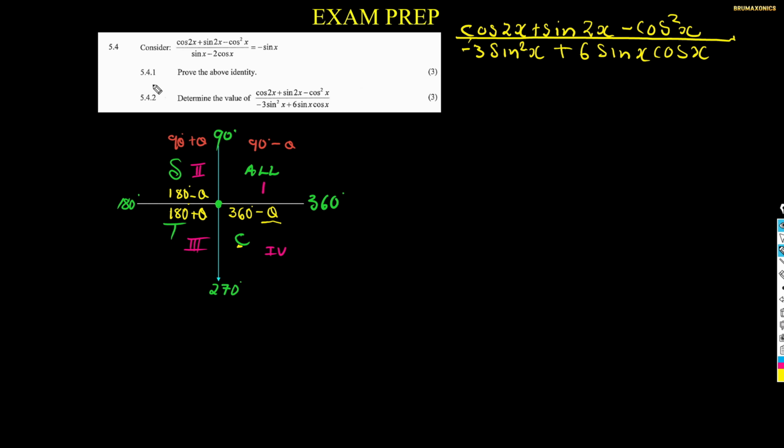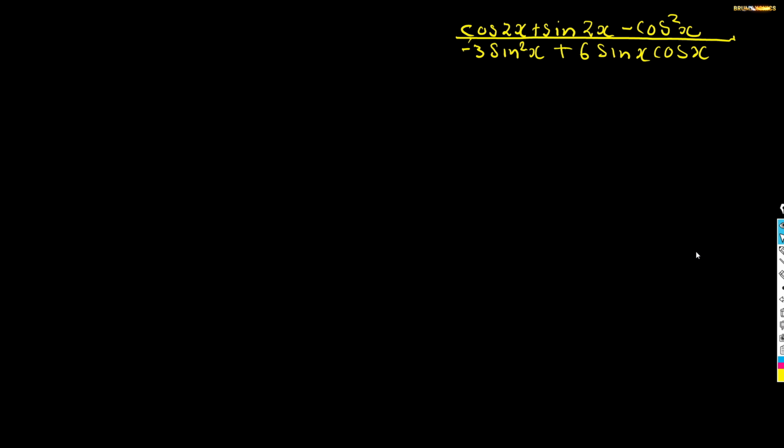So I'm going to start with 5.4.2 because this looks difficult for no reason, right? So here I will just move from this page to another page where I can write everything clearly.